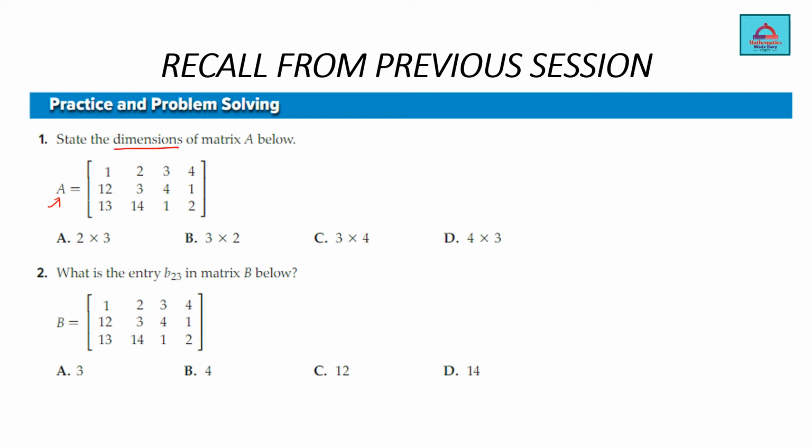So recall, dimension means order of the matrix. You'll have to count the number of rows followed by the number of columns. I hope you remember, rows are horizontal, columns are vertical. So R1, R2, R3. There are 3 rows. This is the first one, second one, third one. Let's change color and mark the columns. So how many columns are there?